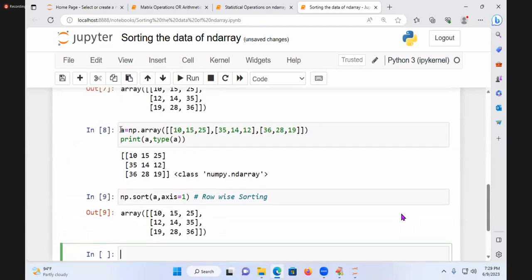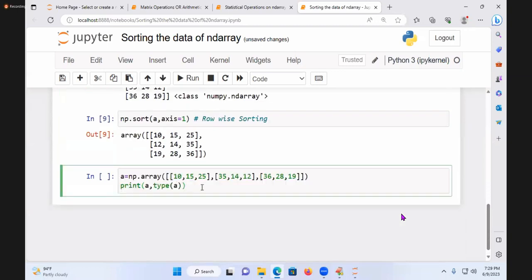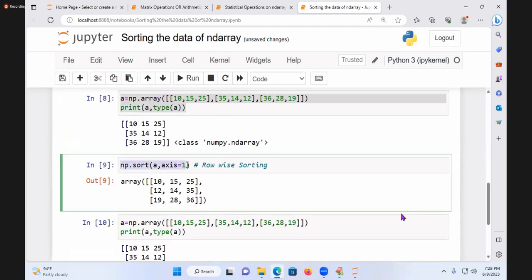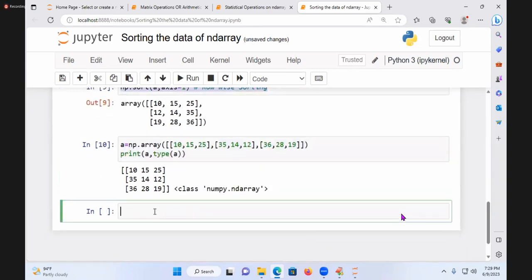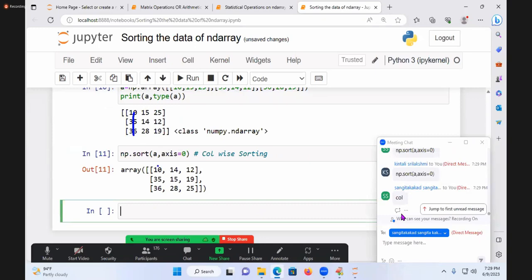Now I want to go for column wise sorting. Do you know how to do column wise sorting? Go to axis equals 0. What is this now? Column wise sorting. See that column wise sorting. Here 10, 35, 36. Now 15, 14, 28.